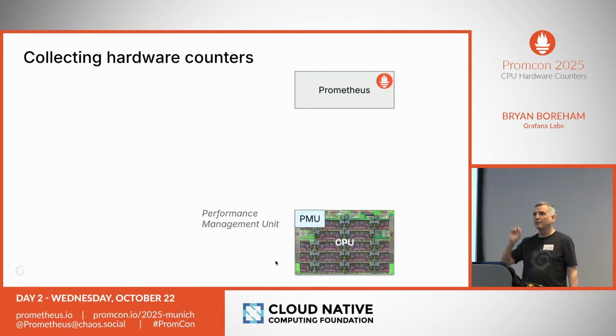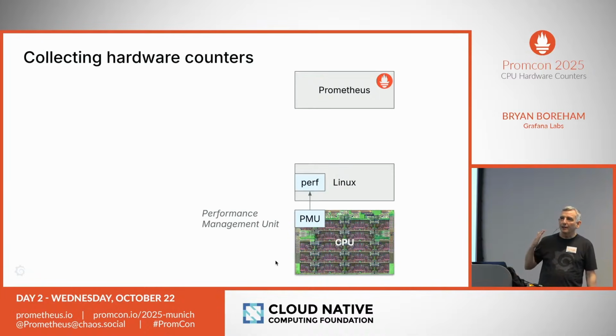It's not as big as that in real life, but it's roughly there on the chip. PMU is a term that Intel introduced, but all the other manufacturers are following suit, so you can look for this thing. The PMU is the part of the chip that's responsible for collecting these counters and making them available to software.